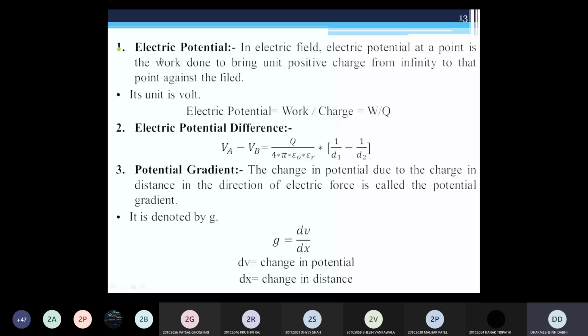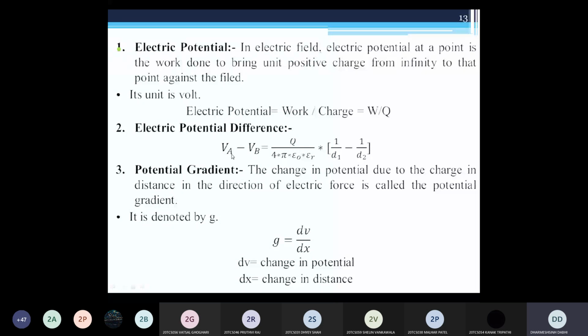So this is the definition of electric potential: the amount of work done required to bring the unit positive charge from infinite distance to that point against the electric field. The next definition is electric potential difference. It is nothing but the difference between two electric potentials. Suppose the electric potential at point A is VA and the electric potential at point B is VB.